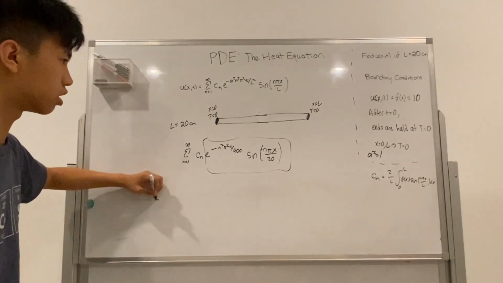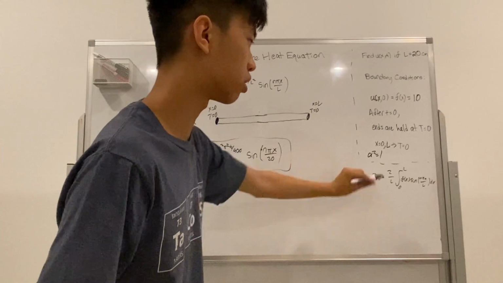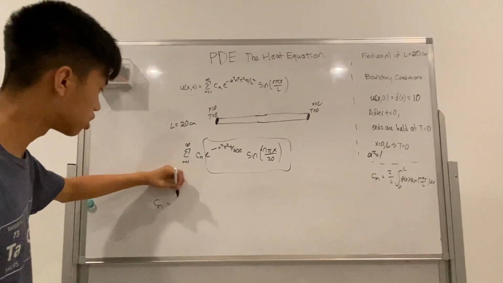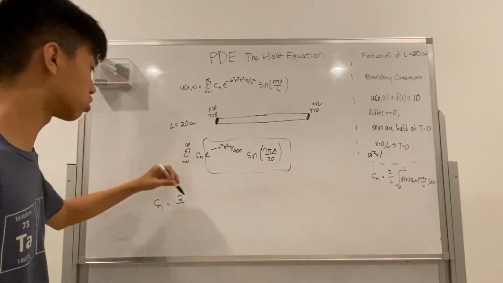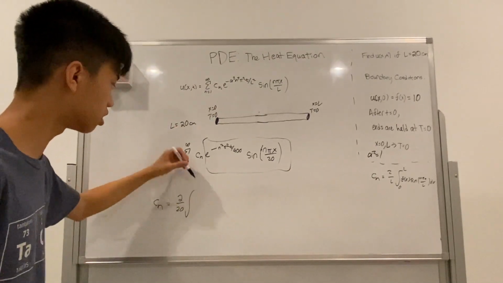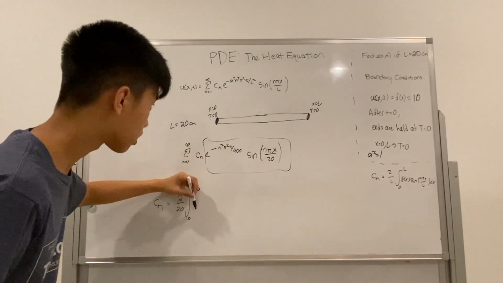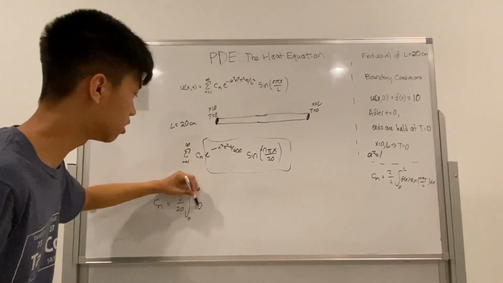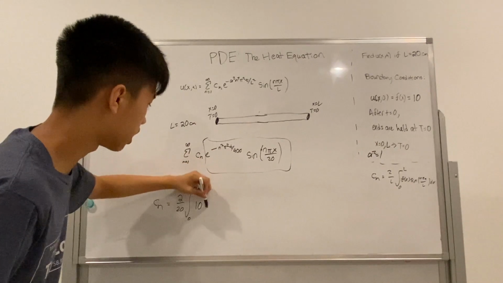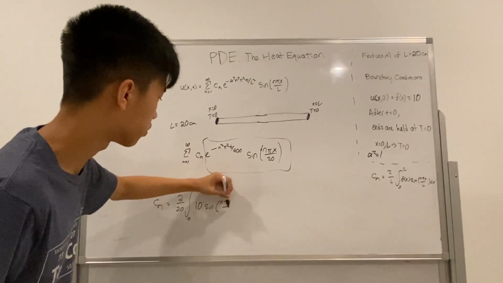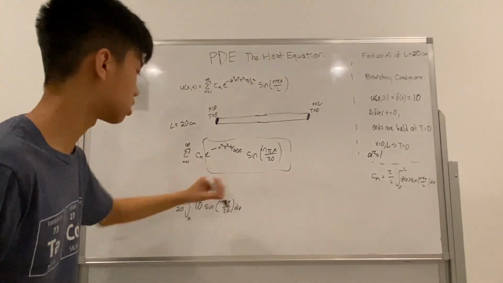So Cn, we have the equation that I showed you guys earlier. That's 2 over L, our L is 20, so 2 over 20 times the integral from 0 to 20 of f of x, which is 10, times sine of n pi x over 20 dx.